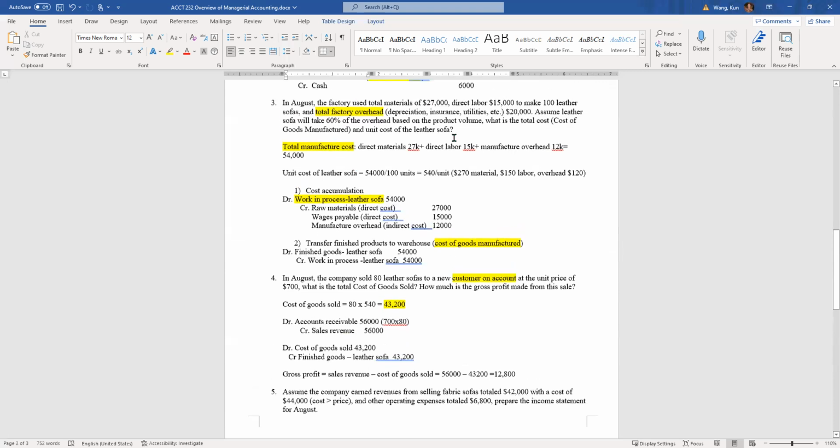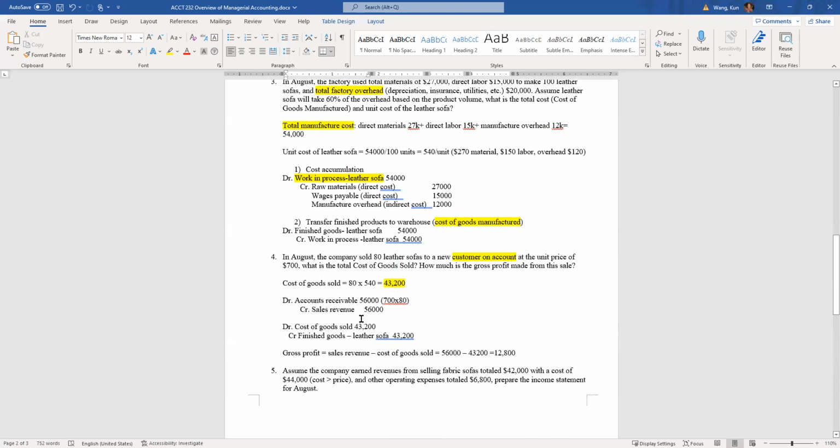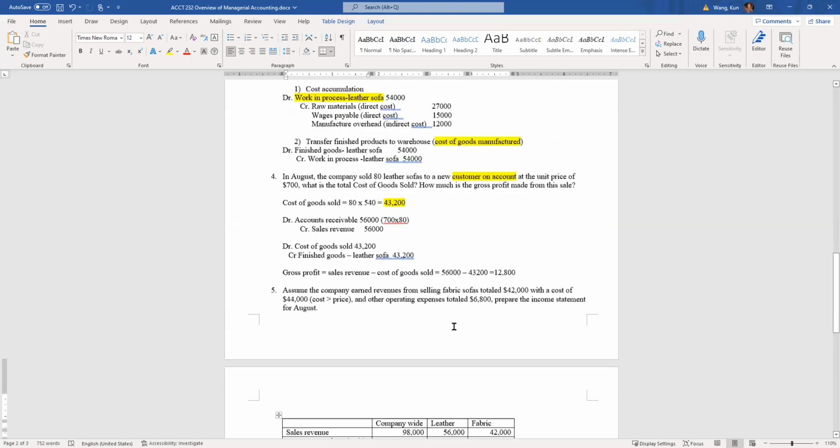For example, the total cost to make the products, unit cost to make the products, and the cost of goods sold, cost of goods manufactured. These detailed information are only available for internal managers to use. And then they can use all of this information for other types of managerial accounting analysis, and then help them to make related decisions.